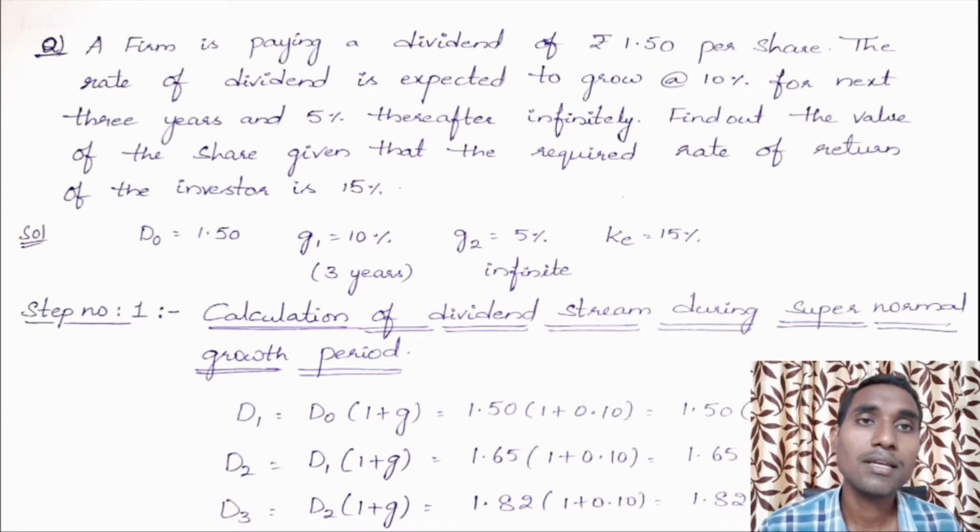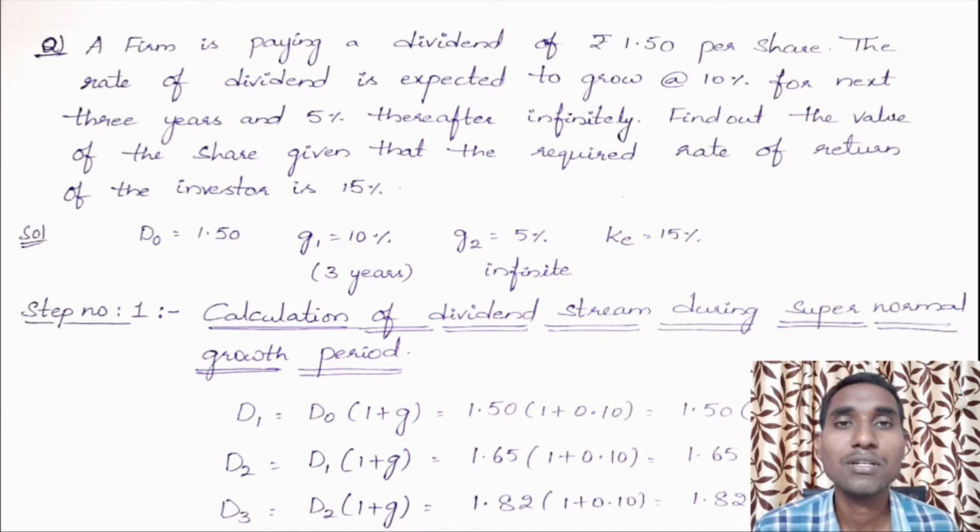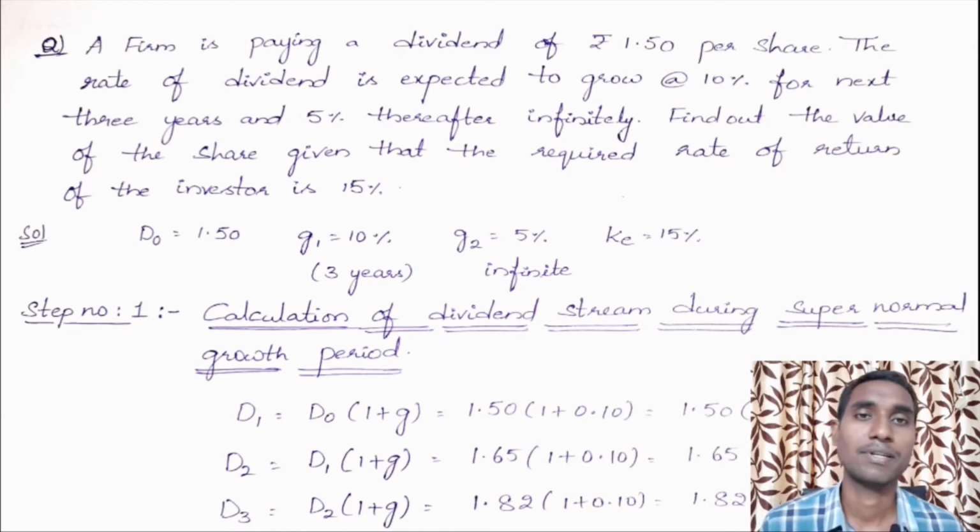So in the question you can see two growth rates, one is 10%, one is 5%. Then this question belongs to the multiple growth rate category. Find out the value of the share given that the required rate of return of the investor is 15%. This is the cost of equity.